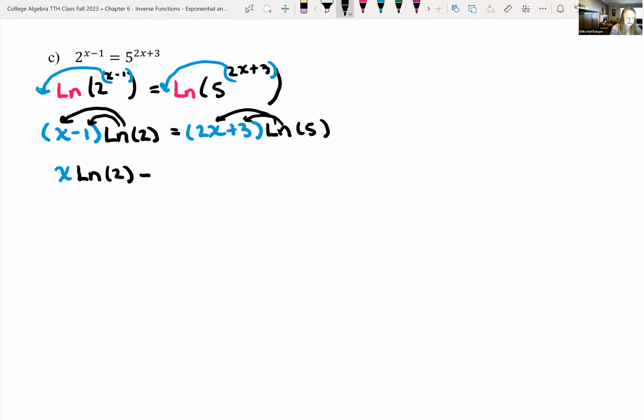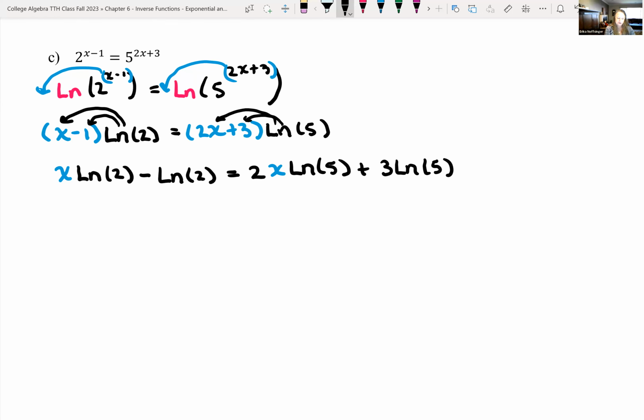And then minus 1 times the natural log of 2. So minus natural log of 2 is equal to 2 times x times the natural log of 5, plus 3 times the natural log of 5.